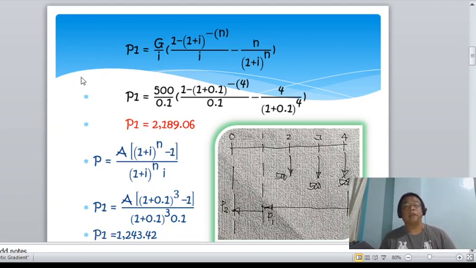the value is 2,189.06. Okay. So let us now consider the amount of the uniform payment of 500. Okay? So, knowing now the formula for the ordinary annuity for getting P, that is A multiplied by (1 plus i) raised to n minus 1 all over (1 plus i) raised to n multiplied by i.